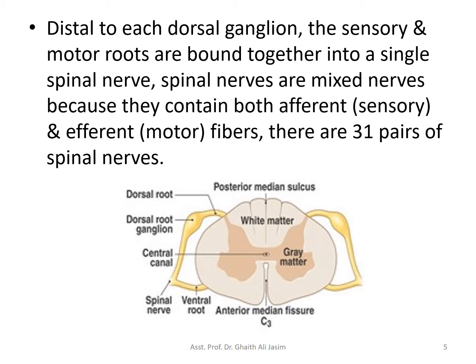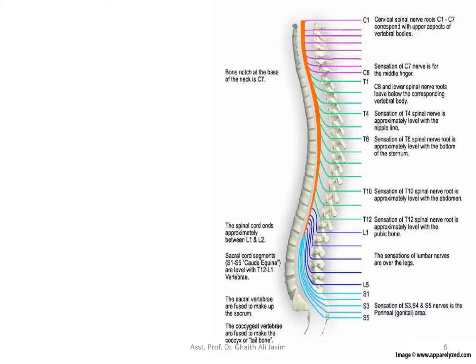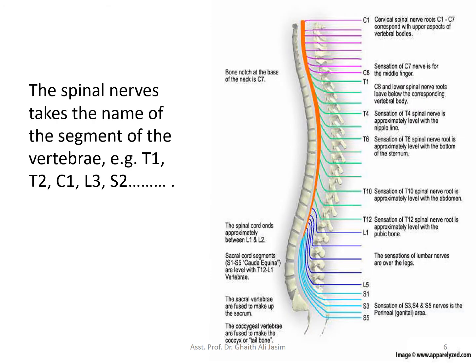There are 31 pairs of spinal nerves. The spinal nerves take the name of the segment of the vertebrae that they pass through. So, for example, thoracic 1, thoracic 2, or cervical 1, 2, and lumbar and sacral nerves.